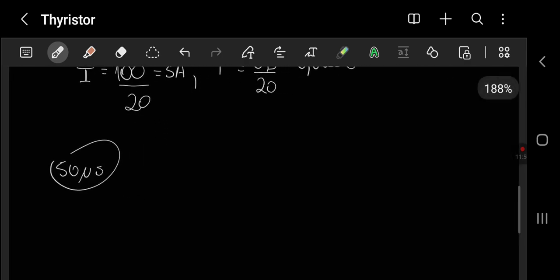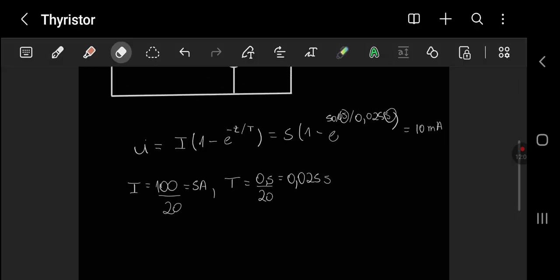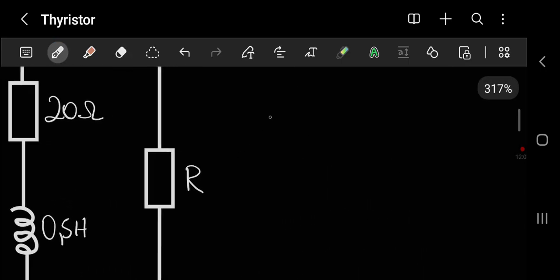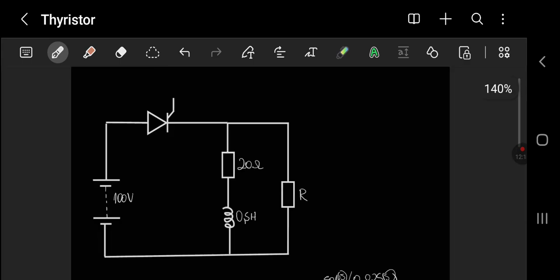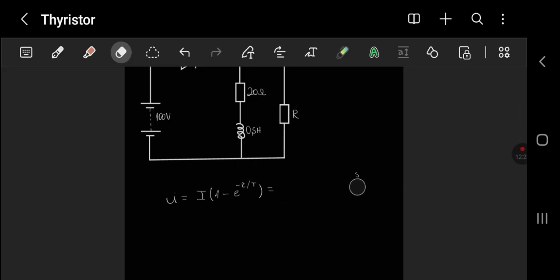And the exercise keeps going. But before we start thinking what value of R we need to plug right here to guarantee the correct trigger of the circuit, I want to work this equation with you because I think it's going to be nice.